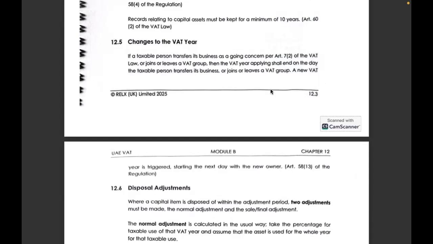So this is addressing the change to the VAT year. A new VAT year is triggered starting the next day with the new owner. So that was change in ownership, basically sale of the business as a going concern, right? The day that sale happens is the end of the tax year, and then the very next day, the new tax year triggers.